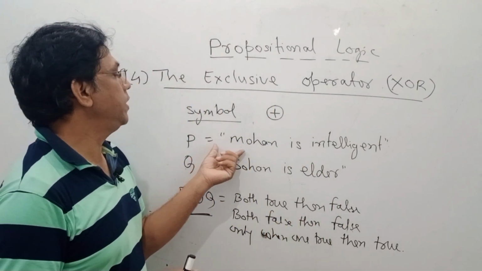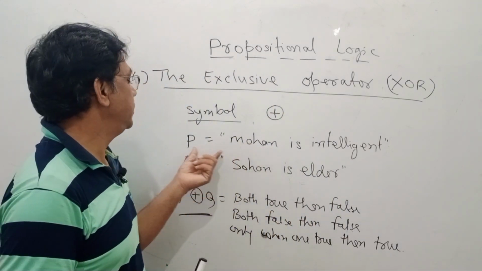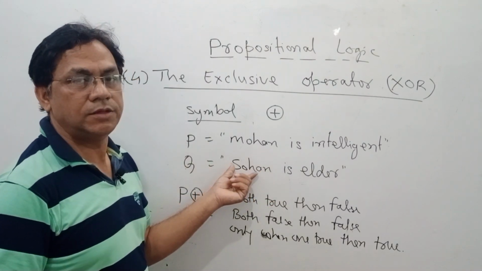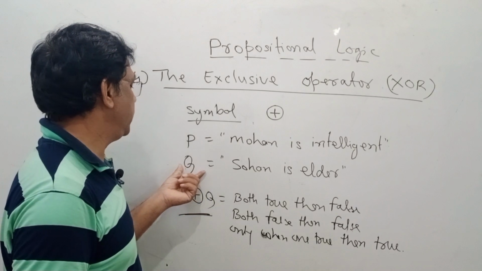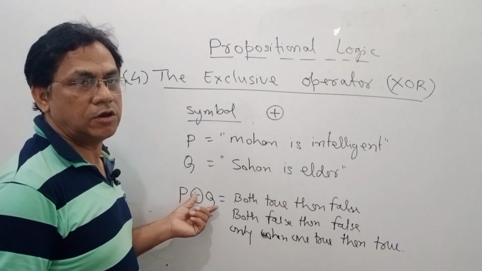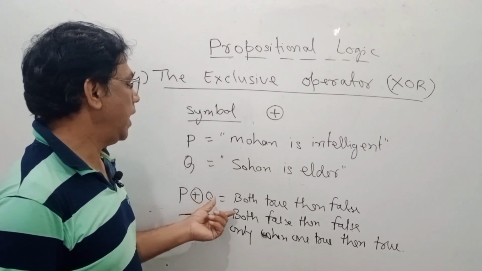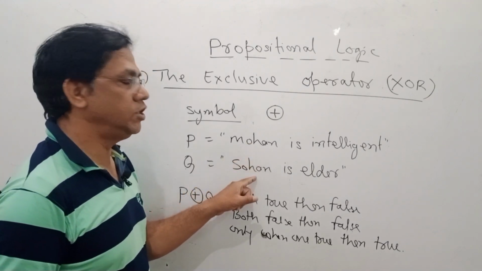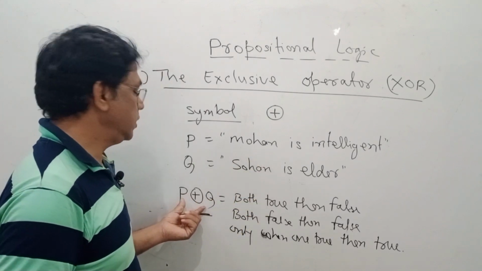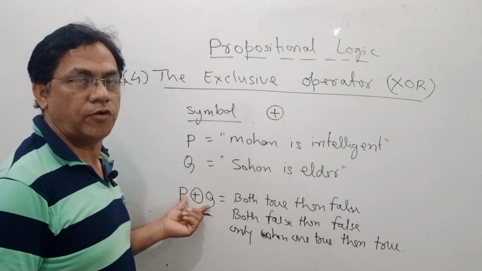Suppose the P statement carries Mohan is intelligent, assigned to the P variable. Sohan is elder, another statement, is assigned to the Q variable. Whenever I put P exclusive Q, if both conditions are either true or false, then this statement will give the false value.